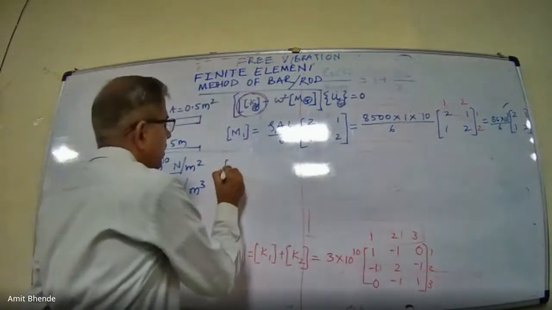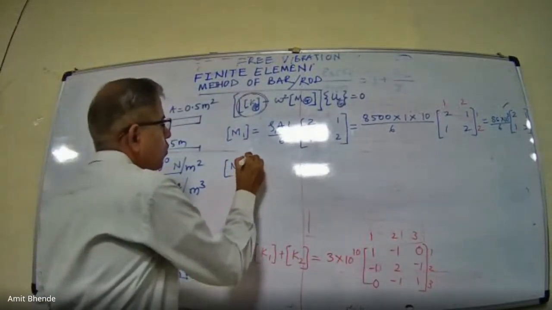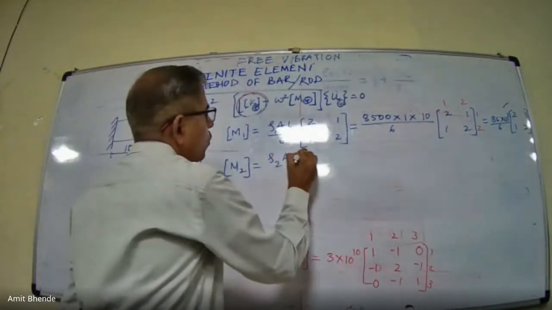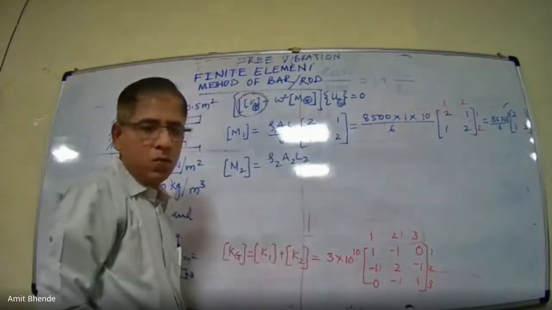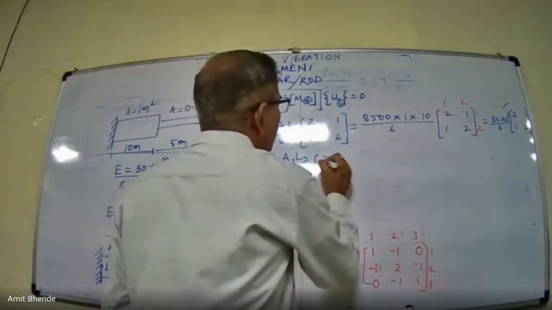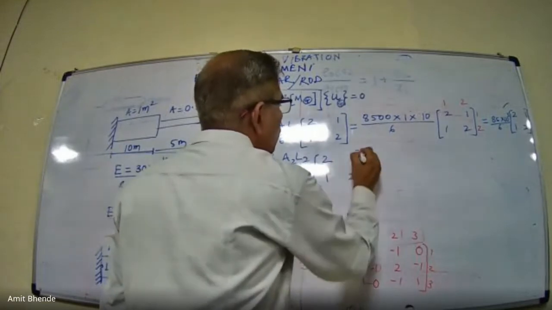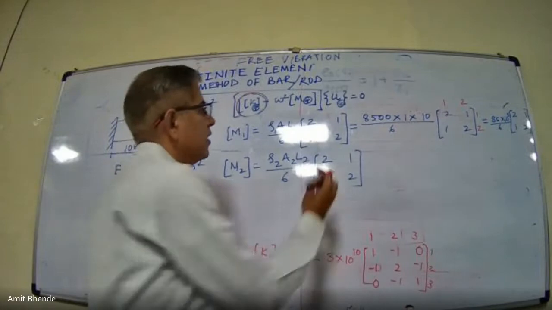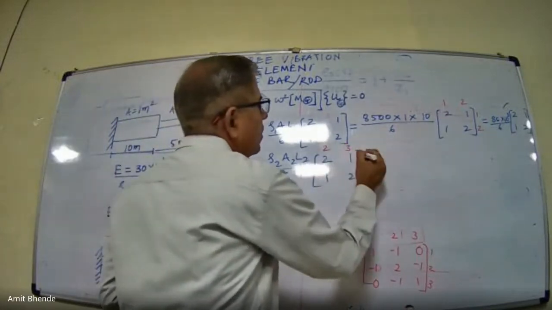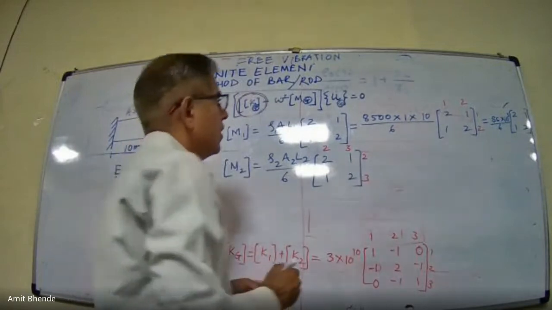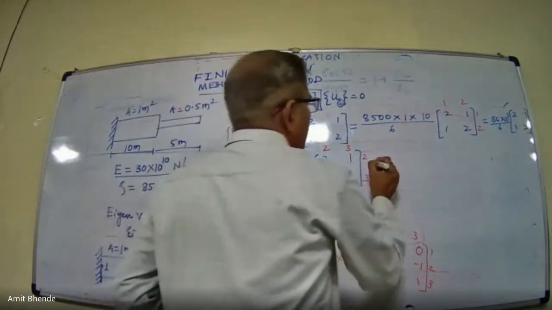Now we calculate M2. So this is rho 2, A2, L2 divided by 6 into 2112, and this is for node numbers 2323. Now we put the values.